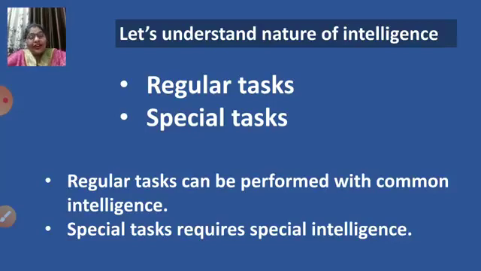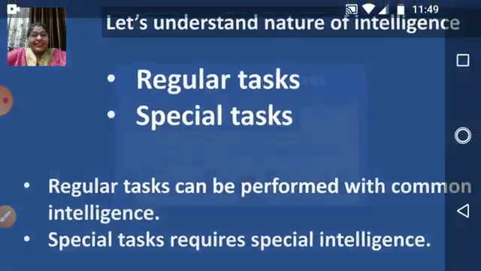These require special intelligence, which only a few people can have, right? Not everybody can treat a patient or have knowledge like a doctor or engineer. Only the people who learn these or have knowledge of these can perform these tasks, children.